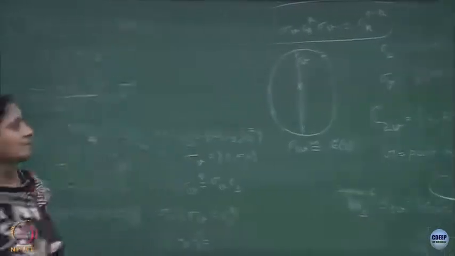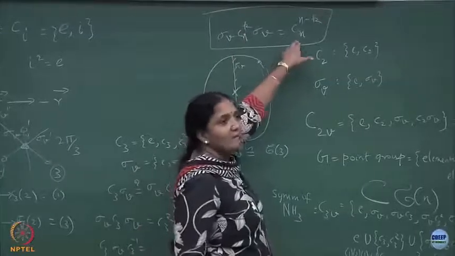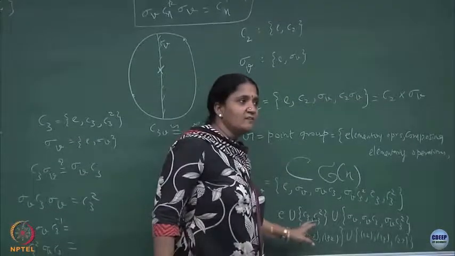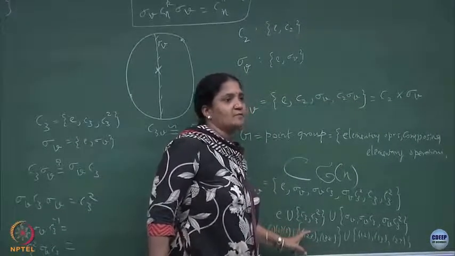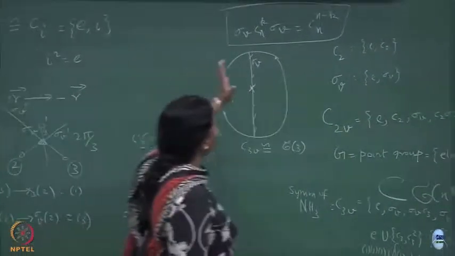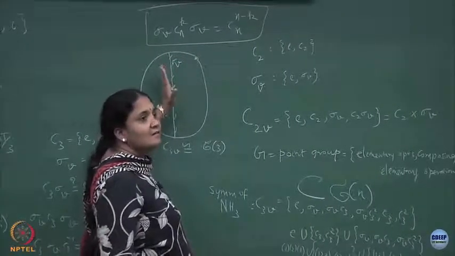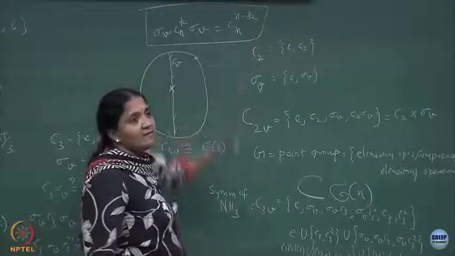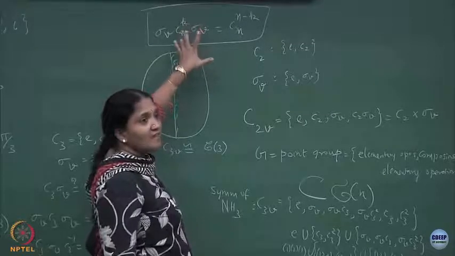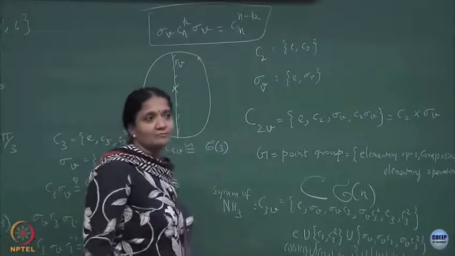Okay. What does this mean? Cn^k is conjugate to Cn^(n minus k), that is why C3 and C3 squared are conjugate elements. I am not proving it for you, but you can show that whenever you have a mirror plane containing the principal axis, then Cn^k, any power k, with Cn^n being identity, will be conjugate to Cn^(n minus k).